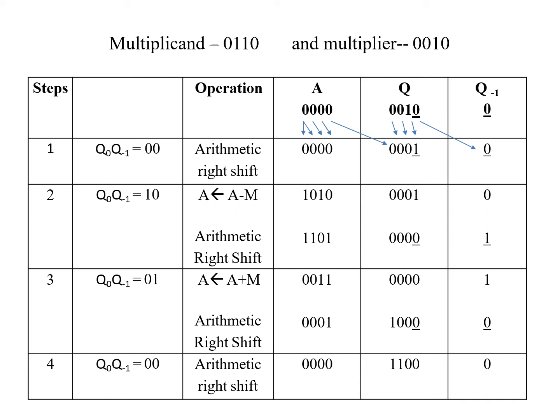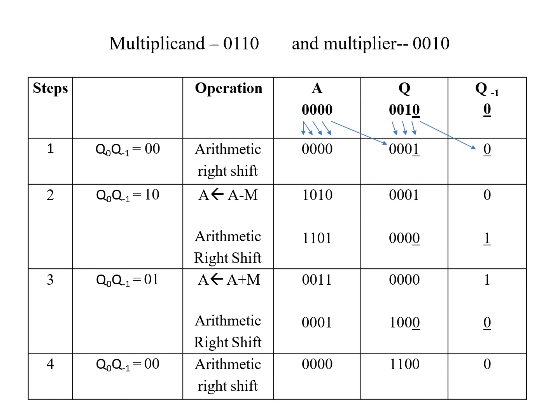Then beginning with the fourth step, we track the Q0, Q minus 1 status from the earlier stage, which is 0, 0. Both are equal, so we simply perform an arithmetic right shift, where the A and Q contents are shifted towards the right by a single position and the MSB gets filled from the previous MSB, which is 0. At the end of this step, we have 0000 in the A register, 1100 in the Q register, and 0 in the Q minus 1 register.